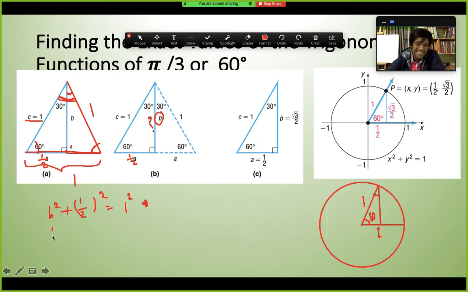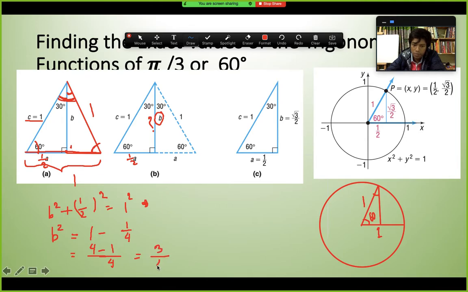So this is b square equals 1 square, which means 1. This is a simple calculation, I am sure you can do that. 1 by 2 whole square means 1 by 4. So from this side to this side, it will become minus 1 by 4. Then we can do some LCM here, so it will be 4 into 1, so 4, then minus 1. 4 minus 1 equals 3.